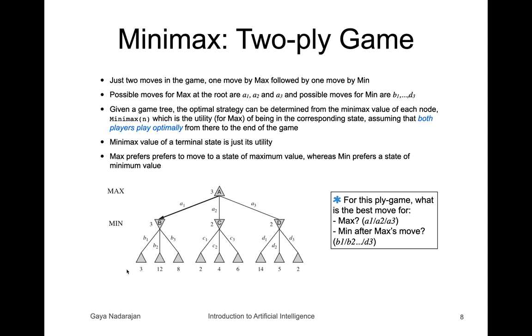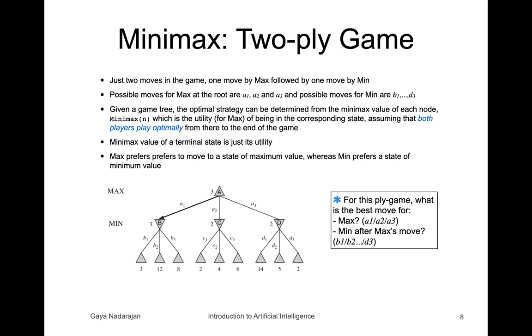And that's kind of how Max gets the A. And Min will also think the same way. Min will say, okay, Max will take the best out of these 3 things, so I'm going to take the minimum out of that. So we need to find a way to represent this in an algorithmic manner.